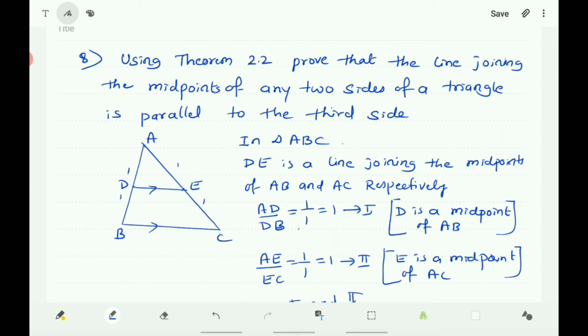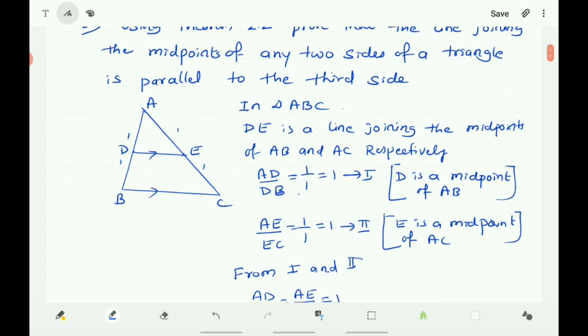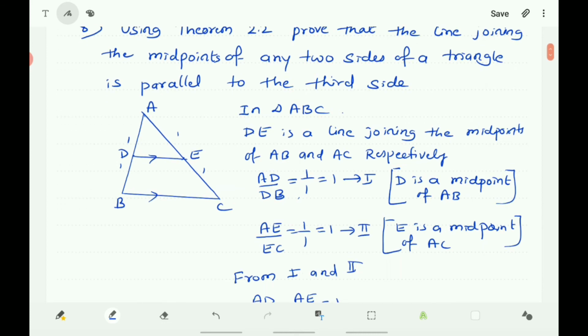You proved this theorem in the 9th standard with the help of the midpoint theorem. That is question number 7. By using the Thales theorem you have proved what in the 9th standard was the converse of the midpoint theorem. This theorem 2.2 is the midpoint theorem that you learnt and proved in the 9th standard. So here we proved it with the help of the converse of the Thales theorem.